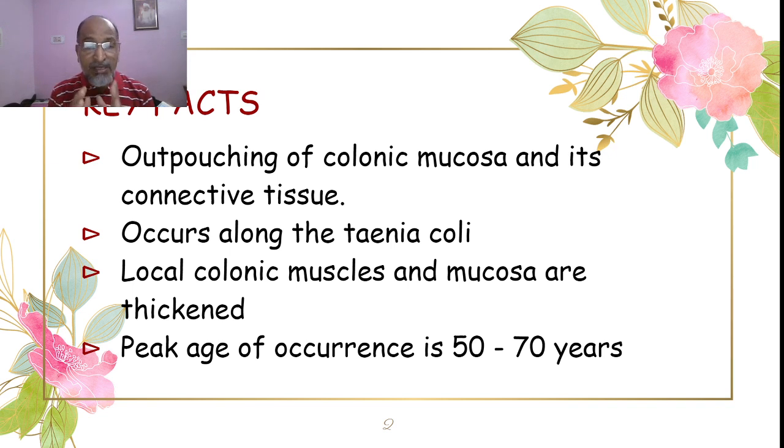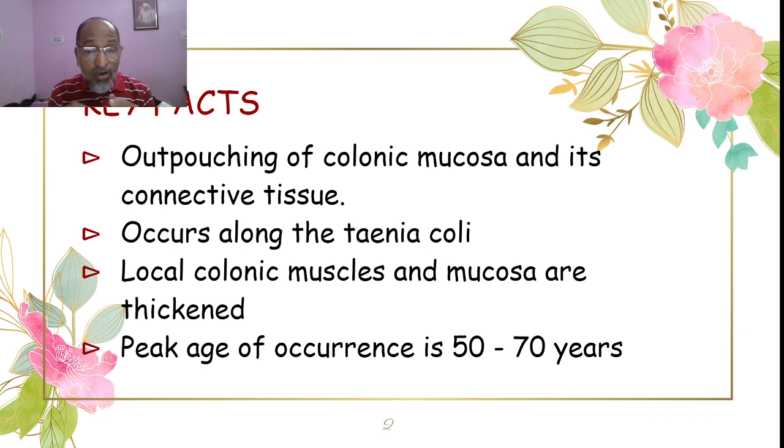Now, the peak age of occurrence of the diverticulum or diverticulosis or diverticulitis or the colon diverticula is 50 to 70 years of age. It increases as the age goes on. We start getting the diverticulosis.